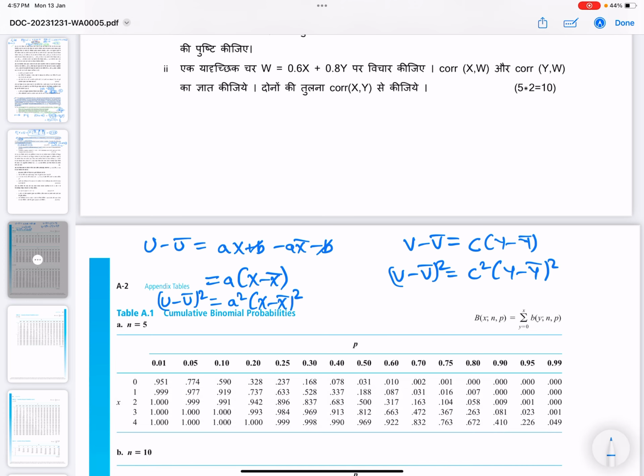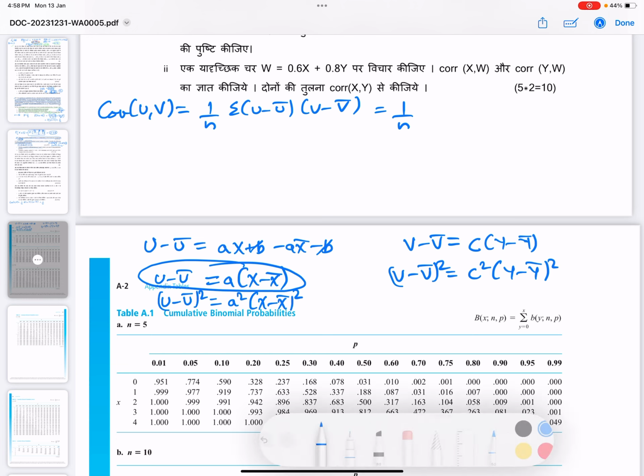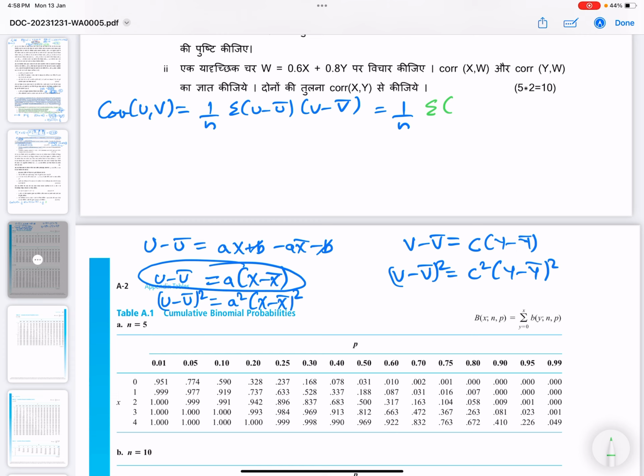Now solving it further, we are supposed to find covariance uv. So covariance uv would be 1 by n summation of U minus U bar times V minus V bar. You must be aware of this formula. So this would become 1 by n summation a times X minus X bar into c times Y minus Y bar. We can take a and c common since they are constants.